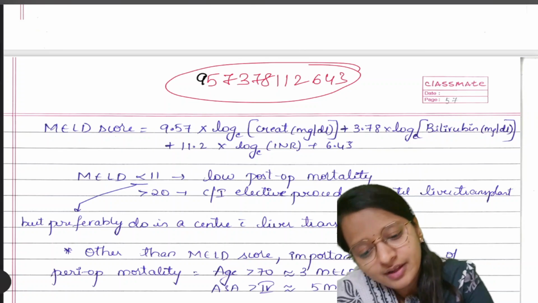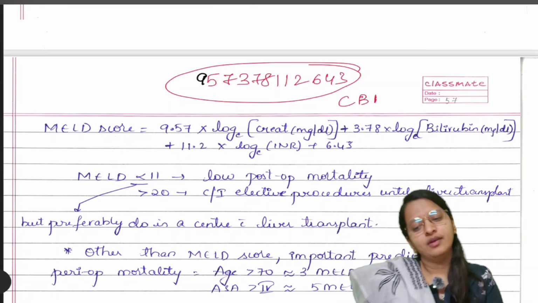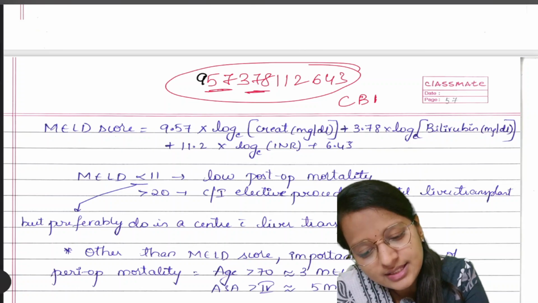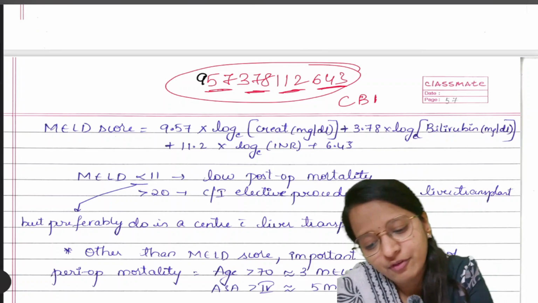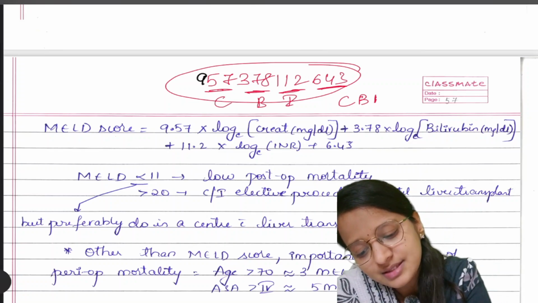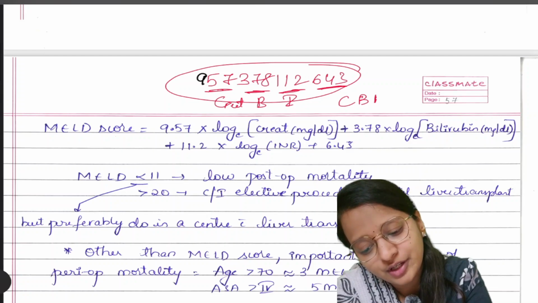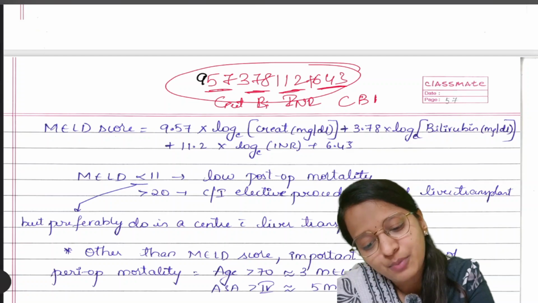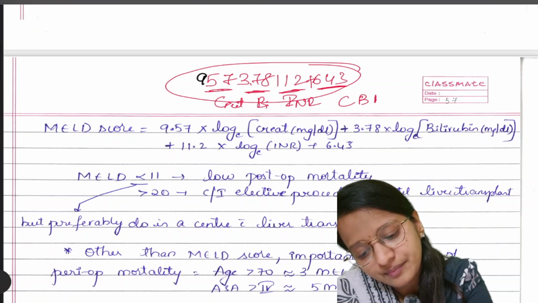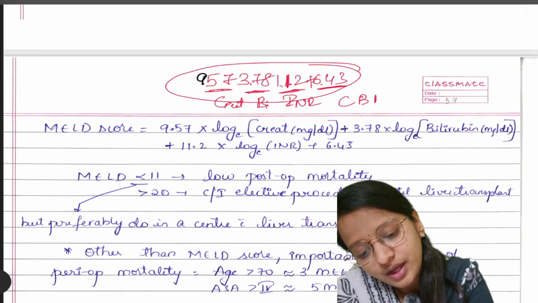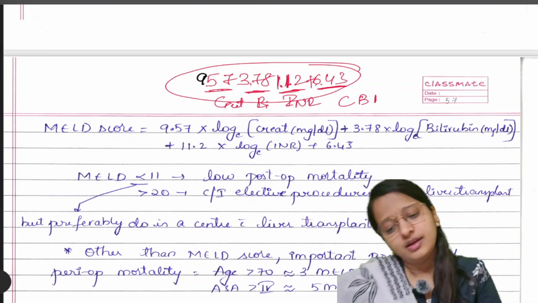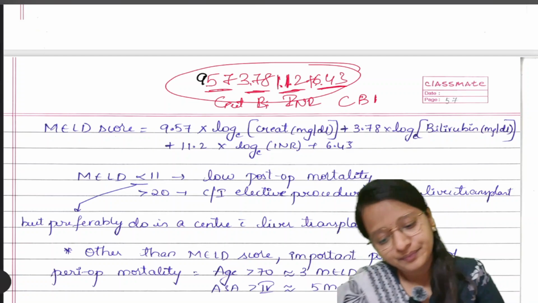First three, next three, and this three. So I remembered it in the form of a phone number and I'll say CBR. That means creatinine, logarithm value of creatinine, bilirubin, and INR plus 6.43. Everything will have a decimal: 9.57, 3.78, 11.2, and 6.43. In this way, I have remembered.